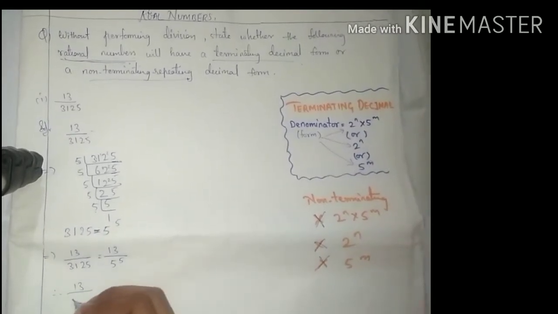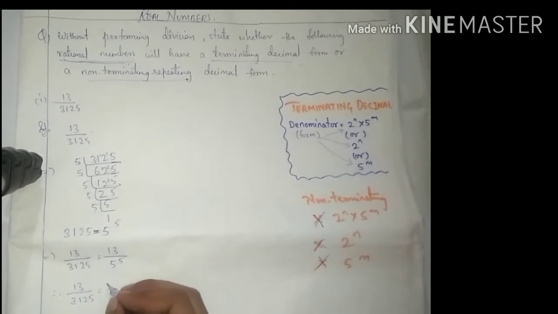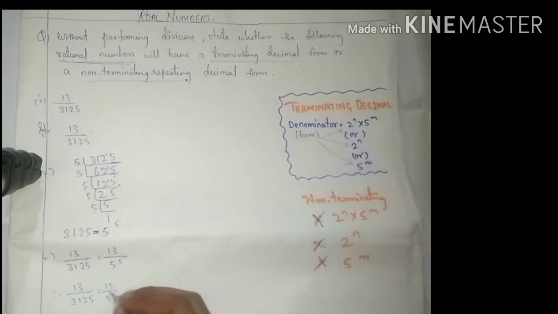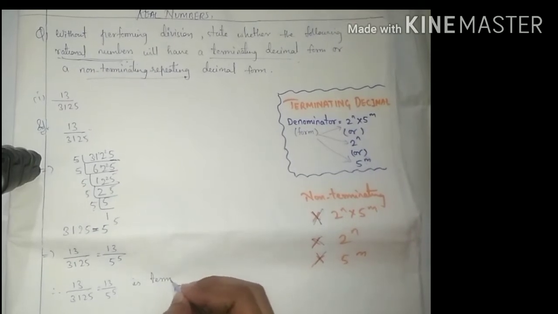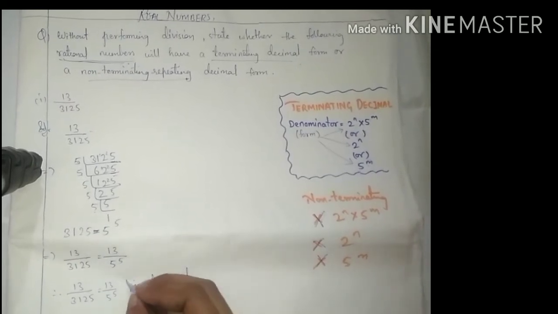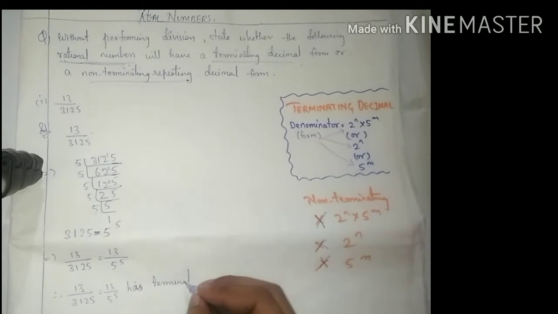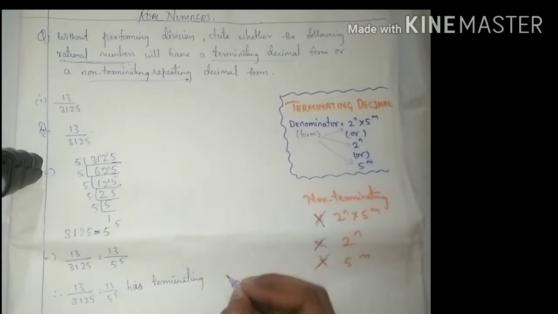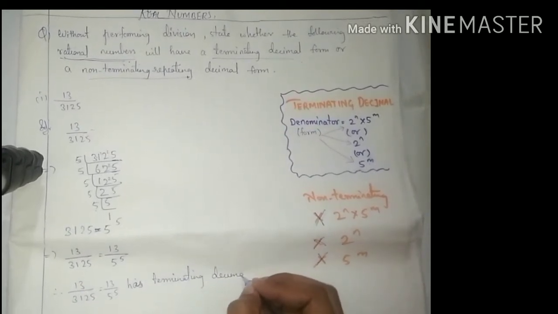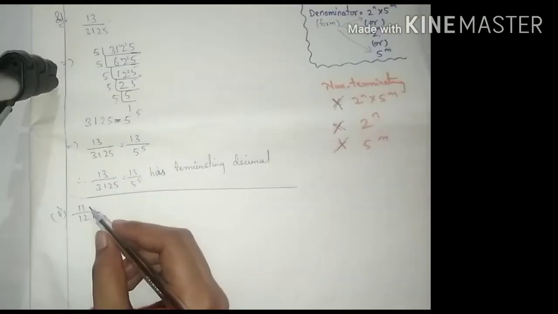Therefore 13 by 3125, which is a rational number, has this in the denominator, so it has a terminating decimal form. Since it is in the form of 5 power m, we can say that it is terminating decimal.